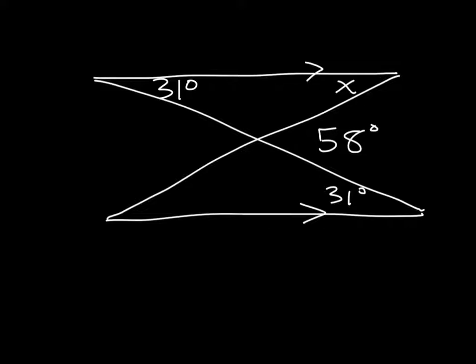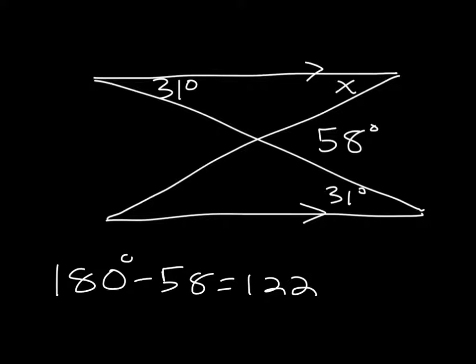The other angle, well, we know the idea of adjacent angles. So if we have two angles that are adjacent, they have to be supplementary. So we know that this angle here, plus 58 degrees, has to be 180. So we do a little calculation. 180 minus 58 gives us 122, and all these are degrees.